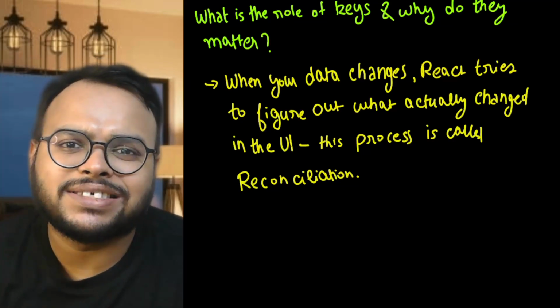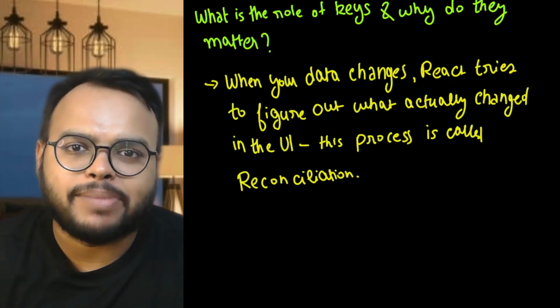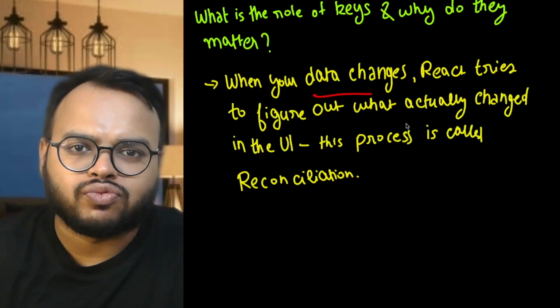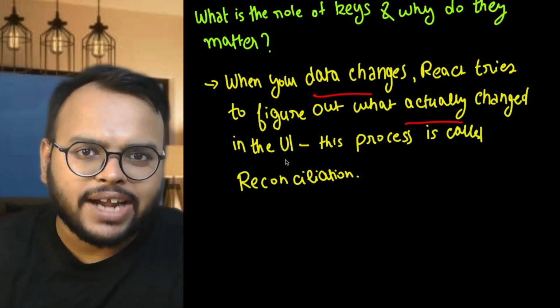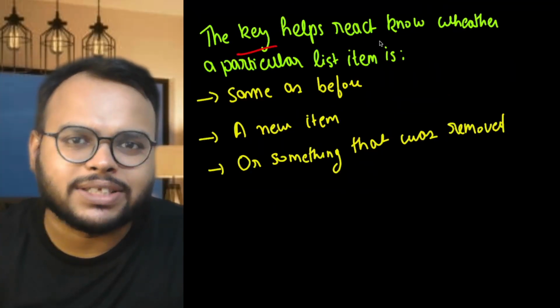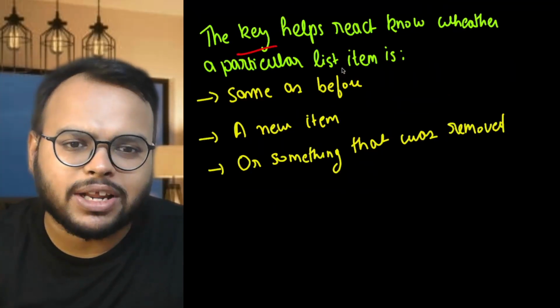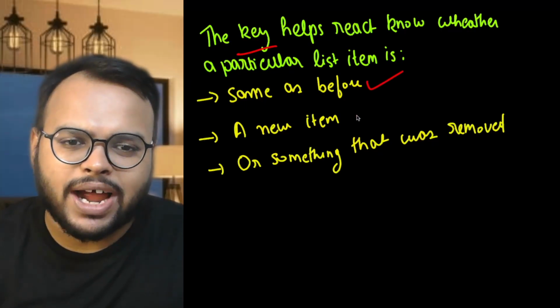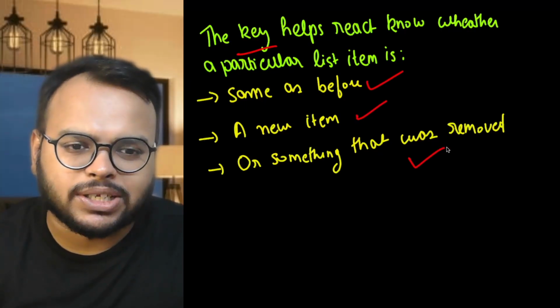So what is the role of keys and why do they matter? Whenever your data changes, React tries to figure out what has actually changed. This process is called reconciliation. The key helps React know whether a particular list item is the same as before, a new item, or something that was removed.